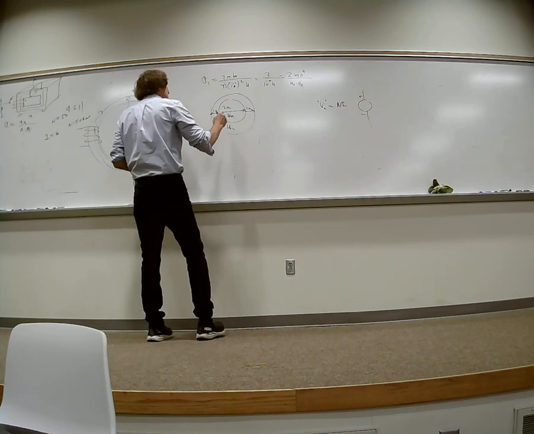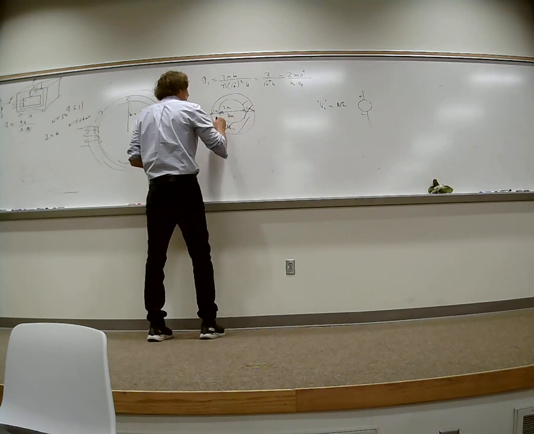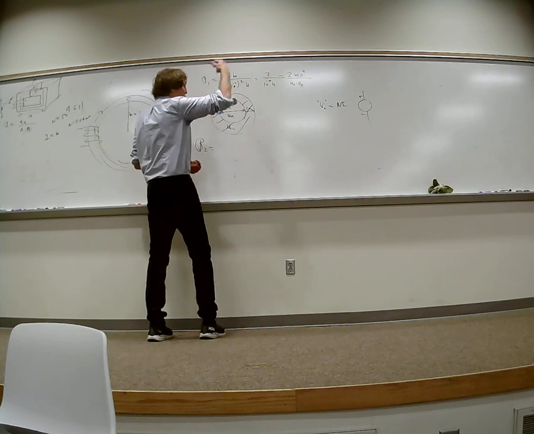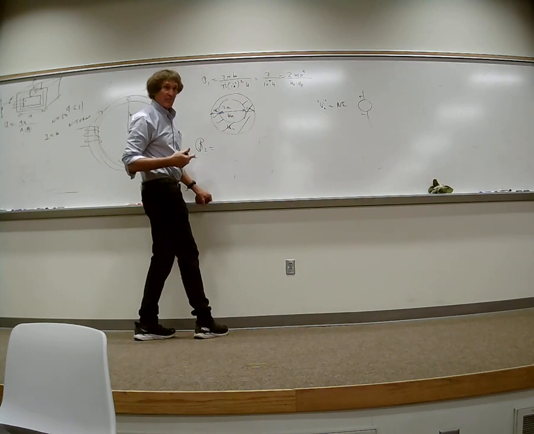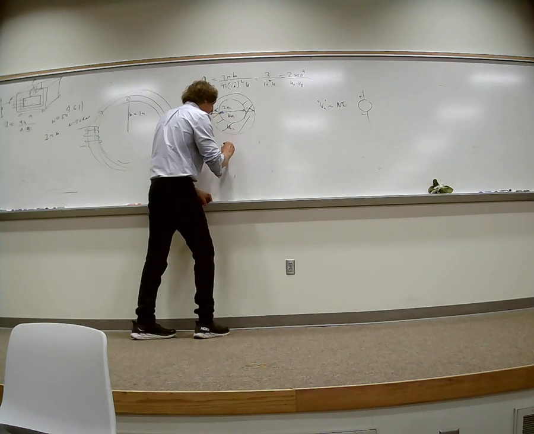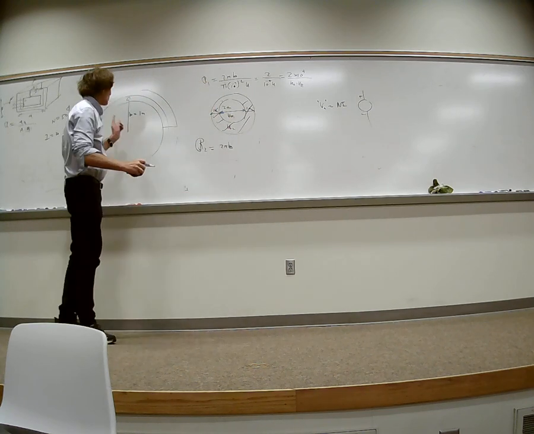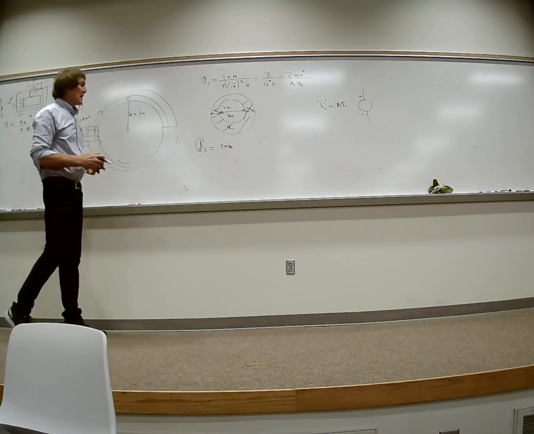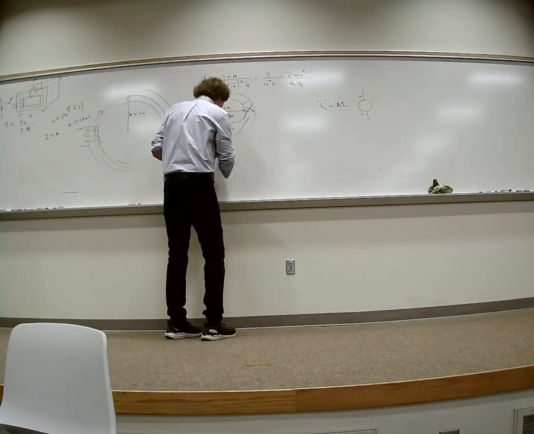Now, what's the reluctance of this part going to be? Well, it's proportional to length, all the way around. 2 pi times b. Does everybody follow me on that? It's the total length around it, correct? Now I have to divide this by the area.